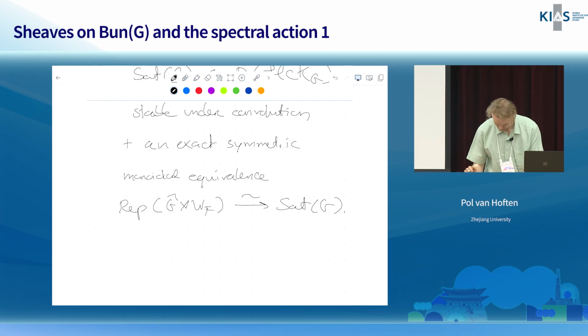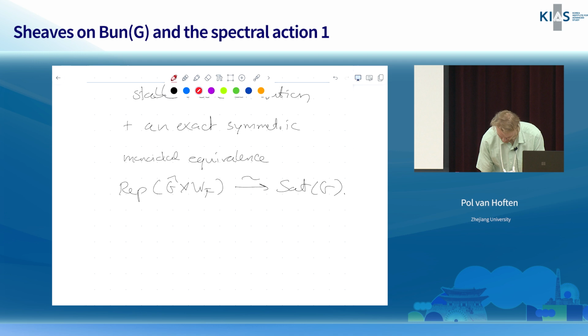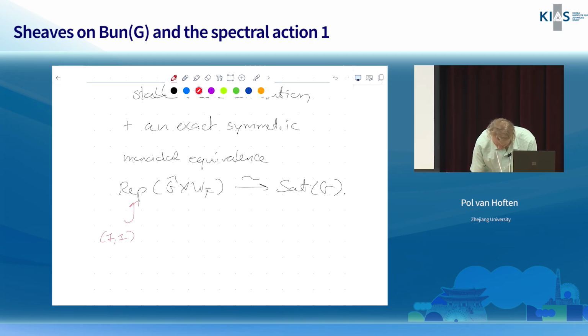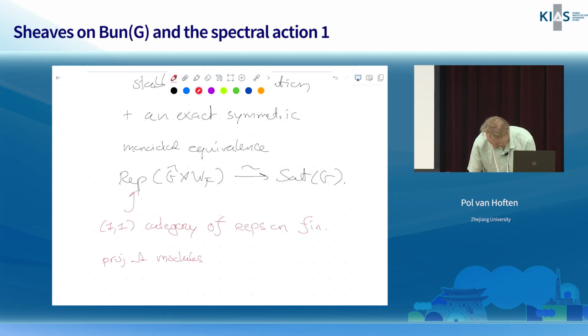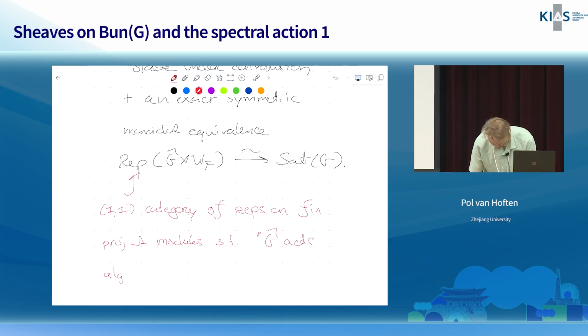So this category is maybe slightly strange, but important to note that this is a 1-category, so there's no infinity stuff going on, a 1-category of representations on finite projective Lambda modules such that G hat acts algebraically and W_F continuously.